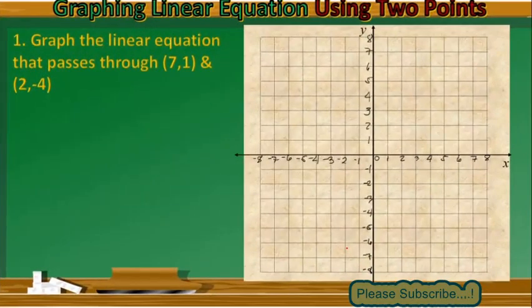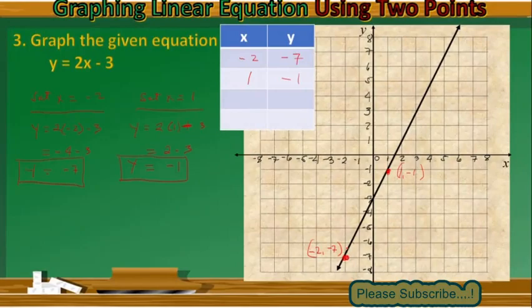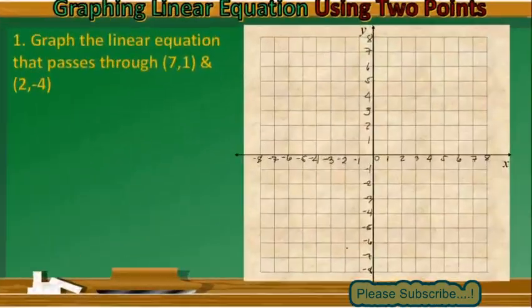Now, as you can see in the previous examples, the given is an equation. But for the next examples, the given are the points. So all you have to do here is to plot all of those points in the graph, then connect them to form your graph. Okay, the first one is 7 for x, 1 for y.